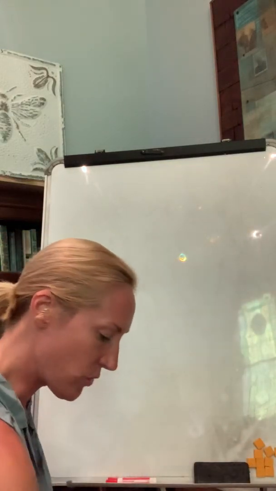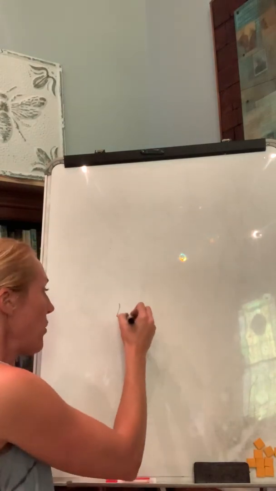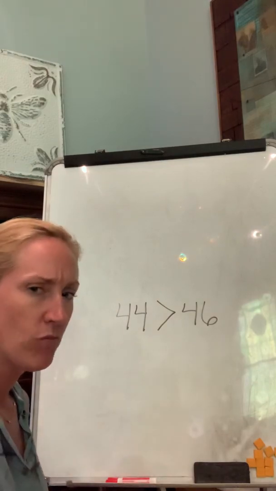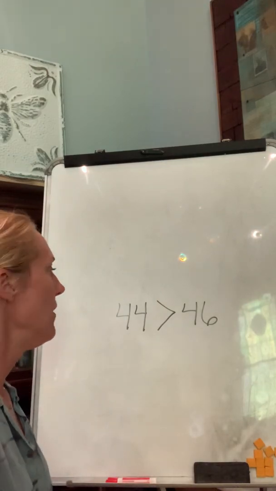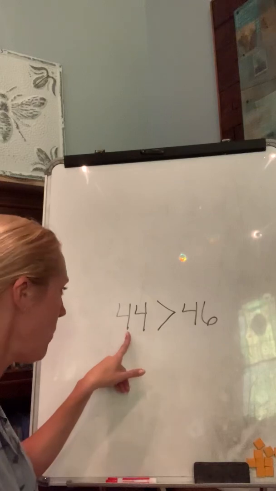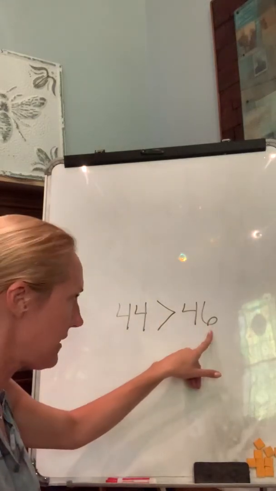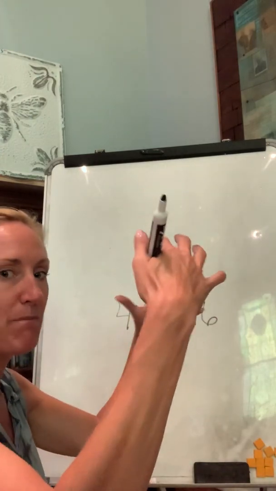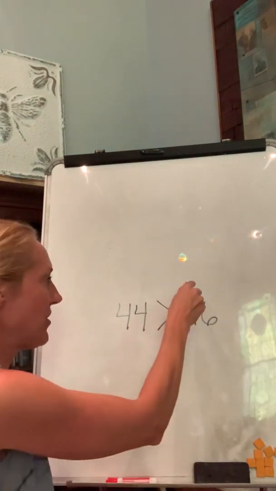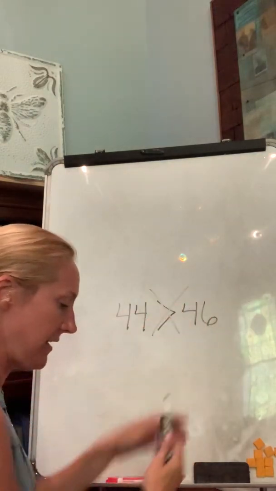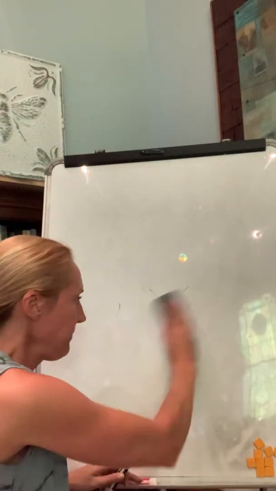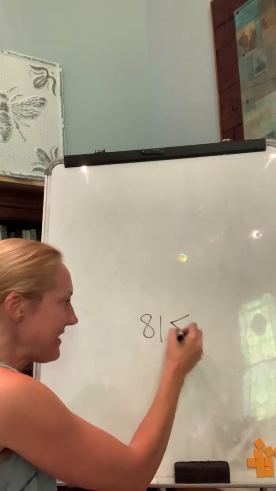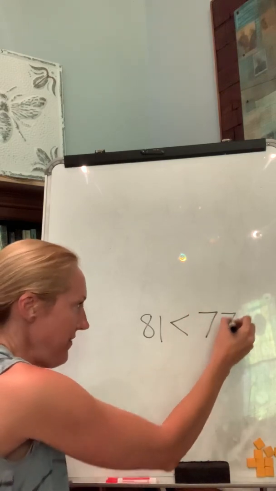All right, let's look at the next one. The next one says 44 is greater than 46. Well, when we're counting, does that make sense? 43, 44, 45, 46. We have to keep going to get to 46. Keep counting. So 46 is bigger. So this is not correct. We want the alligator to eat 46. All right, last one. It says 81 is less than 77.